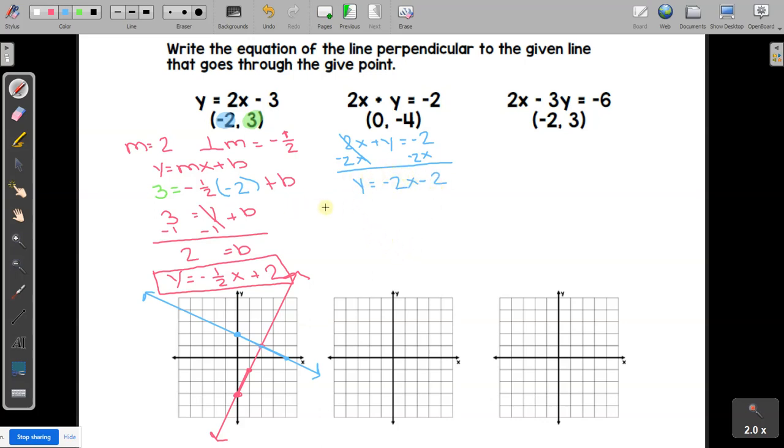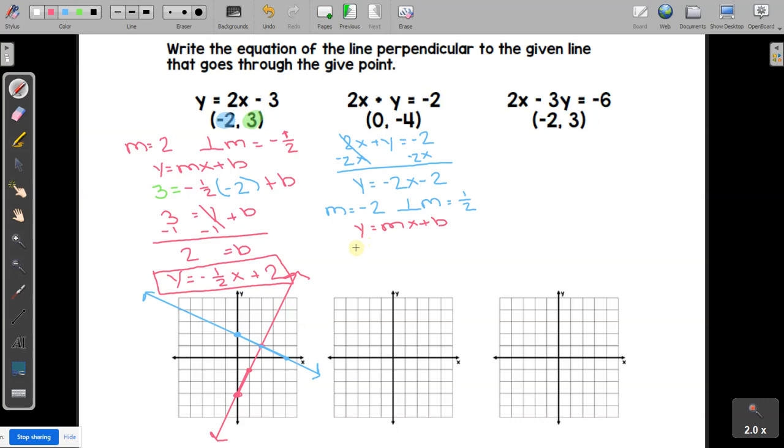Now, our slope is negative 2. Our perpendicular slope is going to be positive 1/2. So let's find out what our b is of our new equation. We're going to take our point and take our new slope. So we're going to have y equals mx plus b.